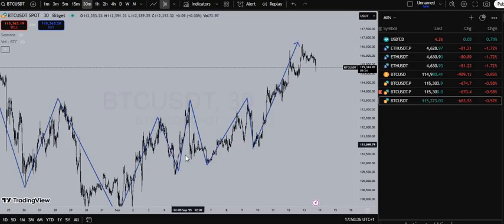Now, in an uptrend, coming from a previous downtrend, this is the lower high of that previous downtrend. Usually we want to see price continuing in the downtrend, but price moved down to this point and then bounced and broke up here.